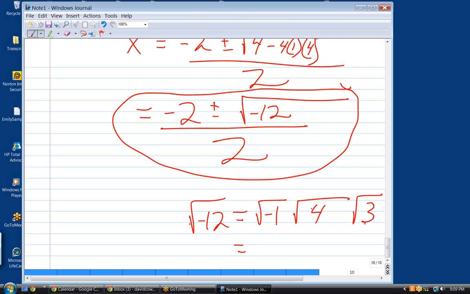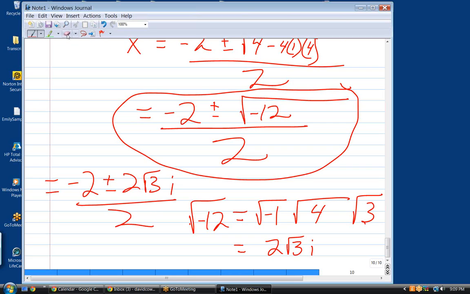So that's 2, that's i, and that's square root of 3. So you generally write it like this. Okay, so the final answer would be minus 2 plus or minus 2 root 3 i, all divided by 2.